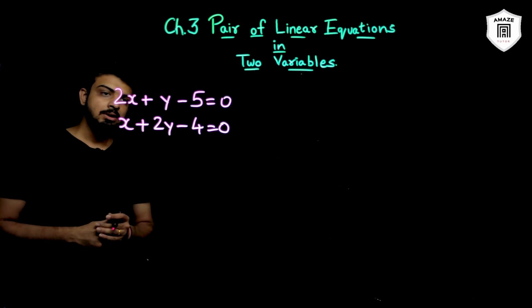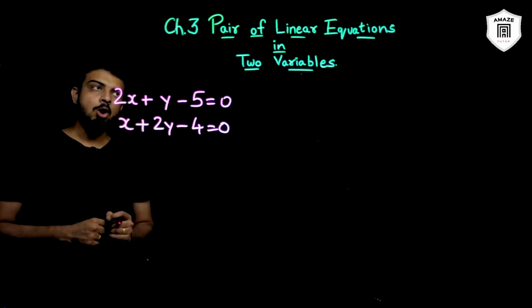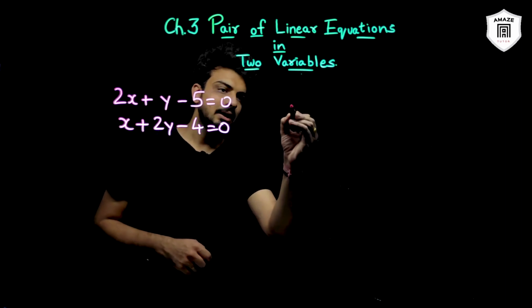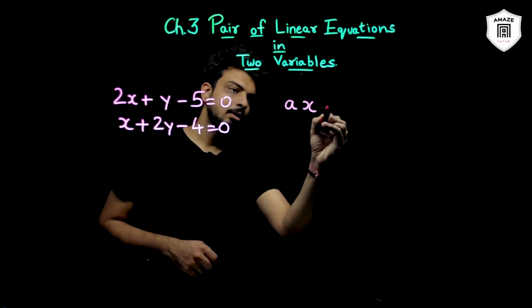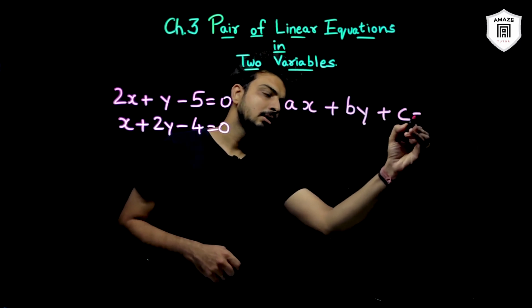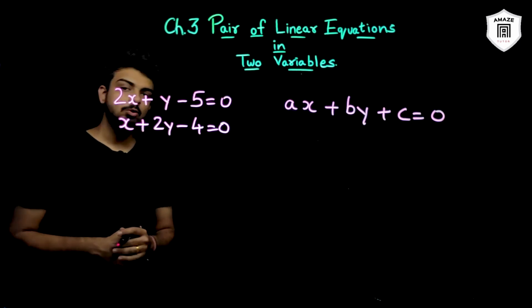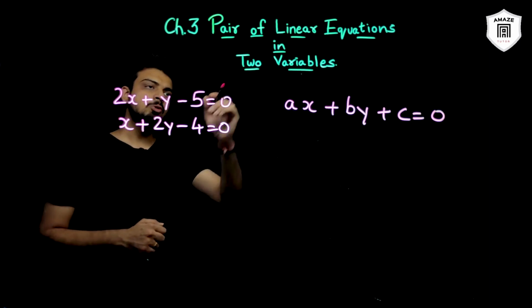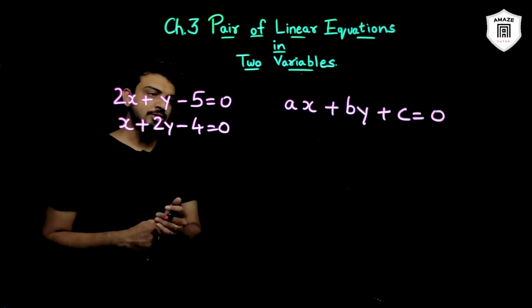Now the next part is we have studied the standard form of linear equation in two variables. The standard form is ax plus by plus c equals 0, right? Now here, in pair of linear equations in two variables, we are going to have two equations.